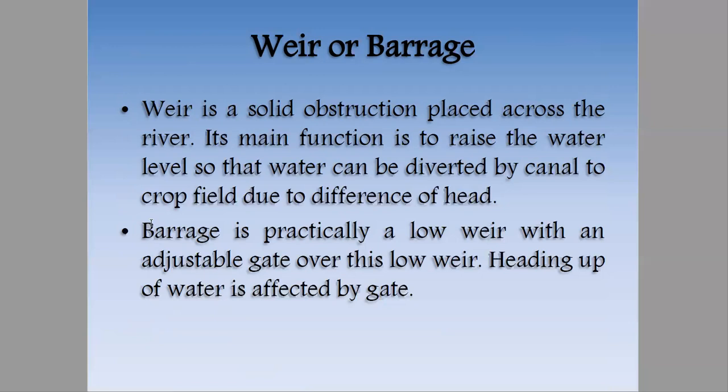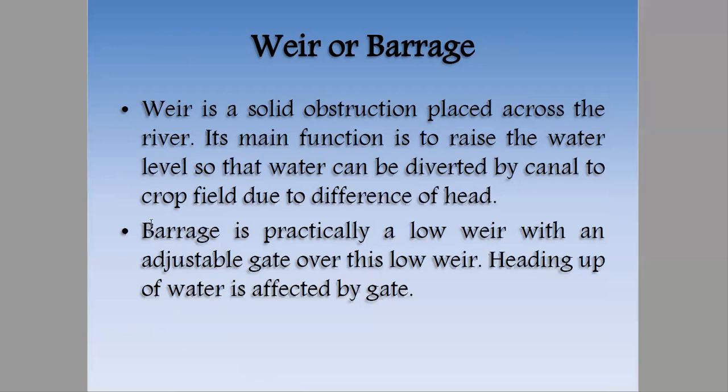Now what is barrage in that case? Barrage is practically a low weir. It is a type of weir, but slightly lower in height, with an adjustable gate over this low weir. Heading up of water is affected by the gate. Another important feature of barrage is that it has gates that can regulate the water.